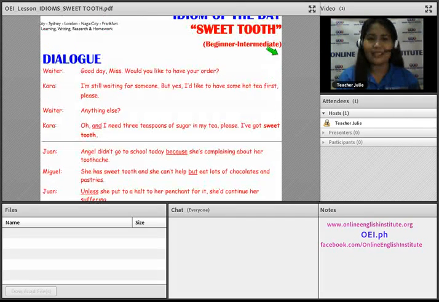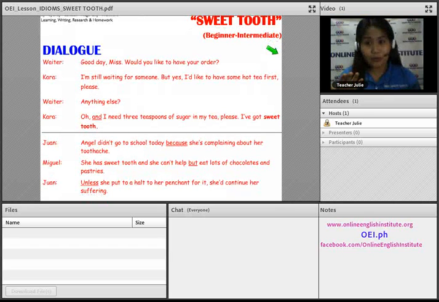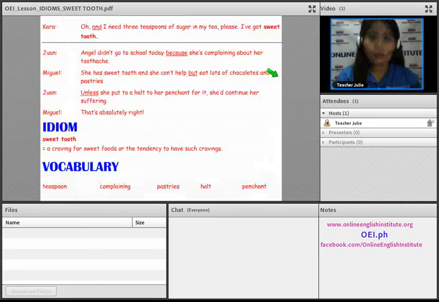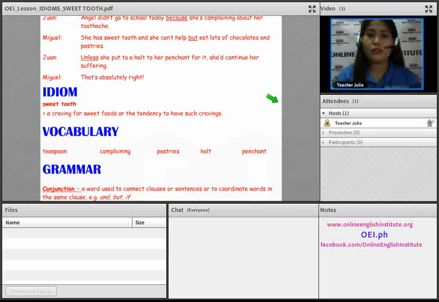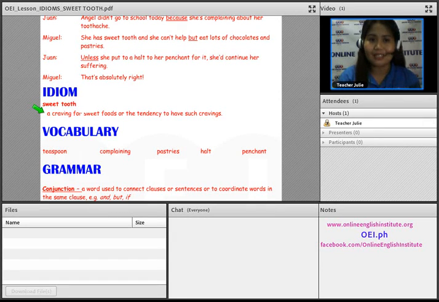Okay, so we have already discovered how to use the idiom sweet tooth in dialogues and in context. So, without further ado, let's find out what the idiom sweet tooth really means according to our idiom dictionary. So, the sweet tooth is actually a craving for sweet foods or the tendency to have such cravings.